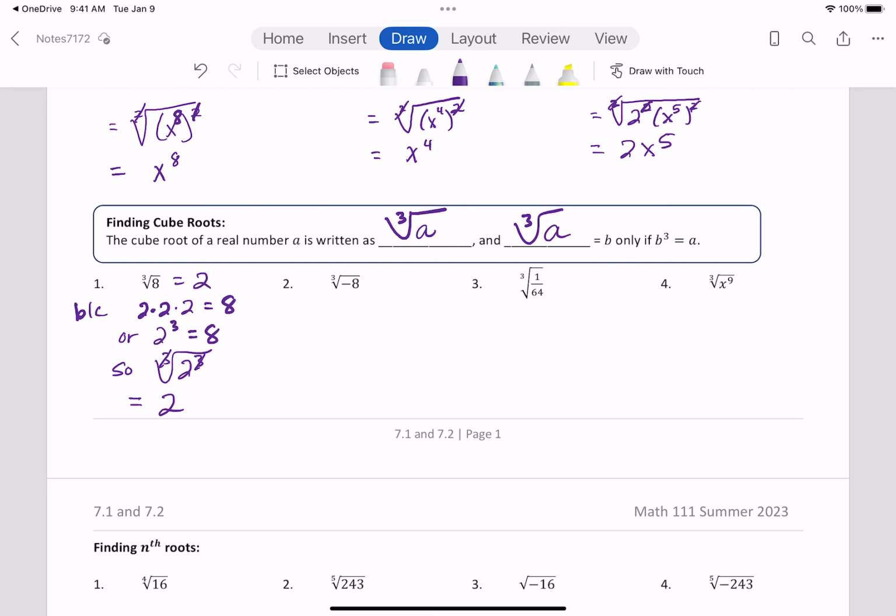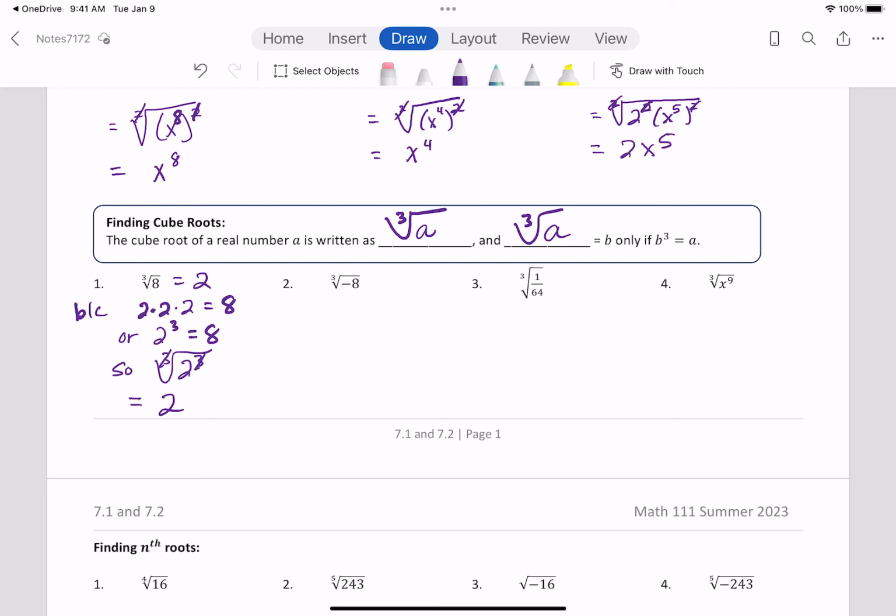Now for the next one, your first thing might be to say that this one is not real, but we're going to learn and do a lot more with this. What we're going to find, it makes a difference whether the root that we're dealing with is odd or even. 3 is an odd root, so this one does actually exist.